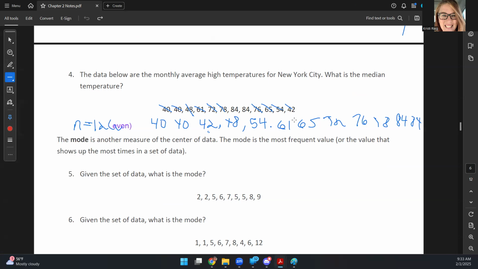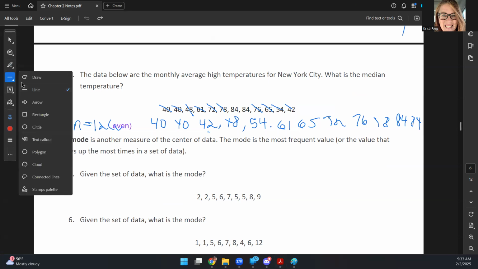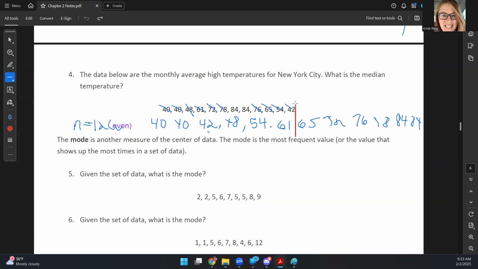So between 6 and 65 is the halfway point, because there's 6 numbers on this side and there's 6 numbers on this side. So really, as messy as my list is, the only numbers we need are 65 and 61, and the median is going to be the number right in between those two, which is the number 63.